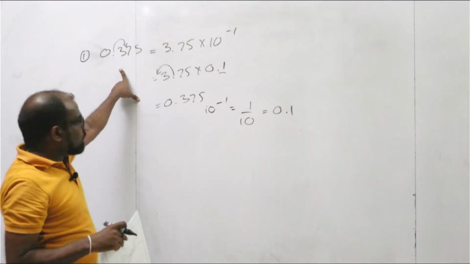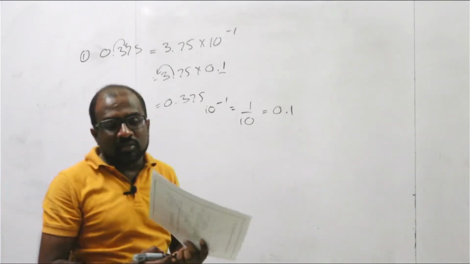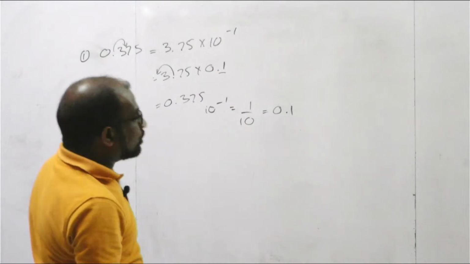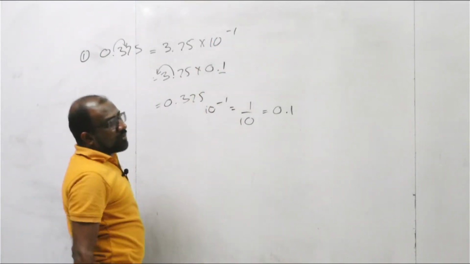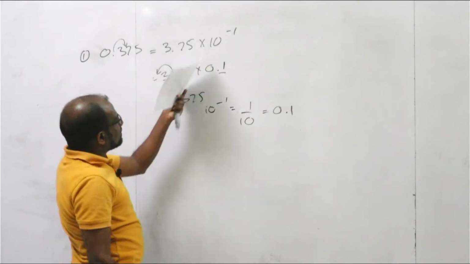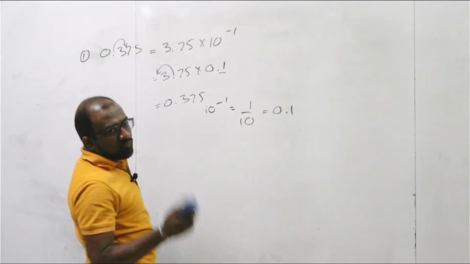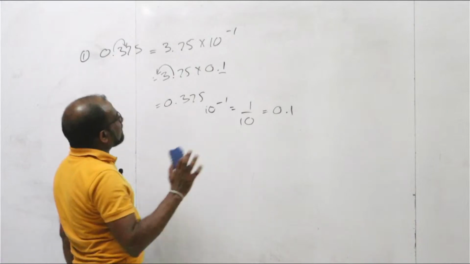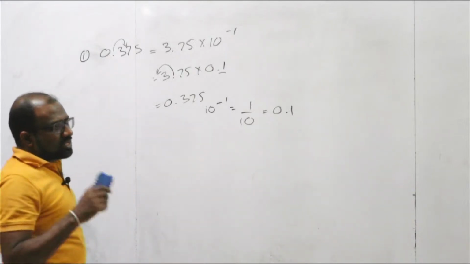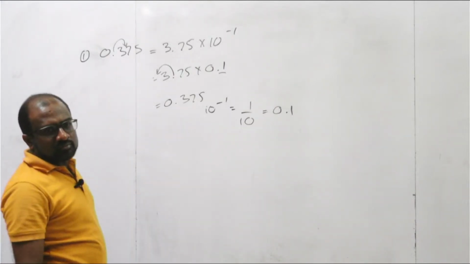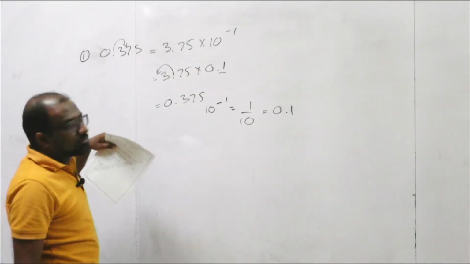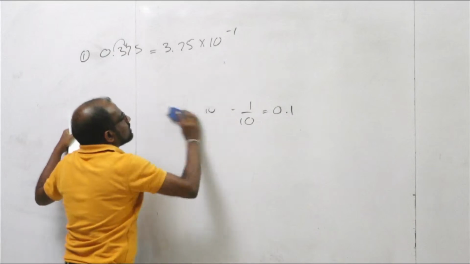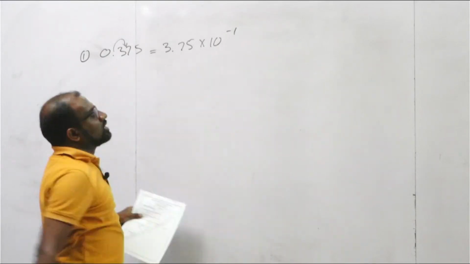Why does the power of 10 become minus? If the number is less than 1, a decimal number, the power of 10 becomes negative. So the answer is 3.75 times 10 to the power minus 1.